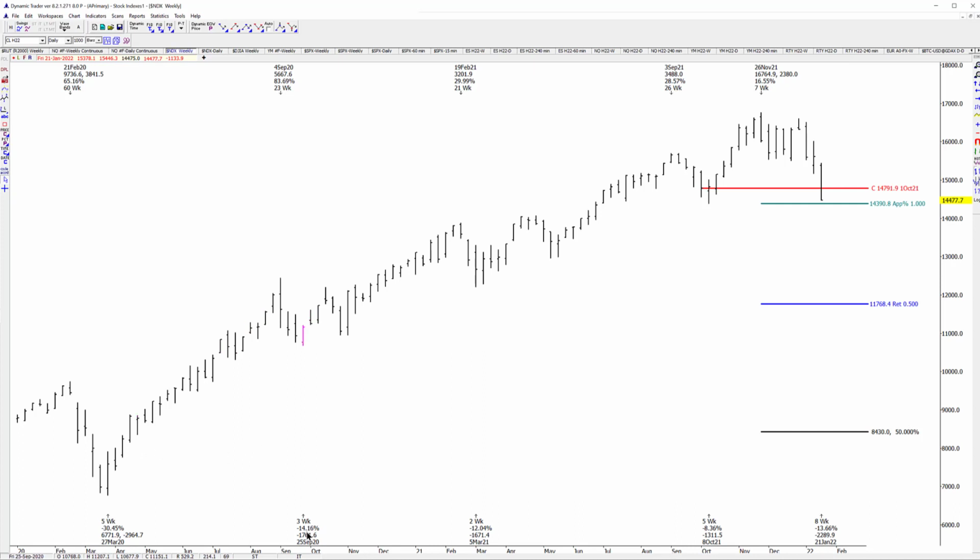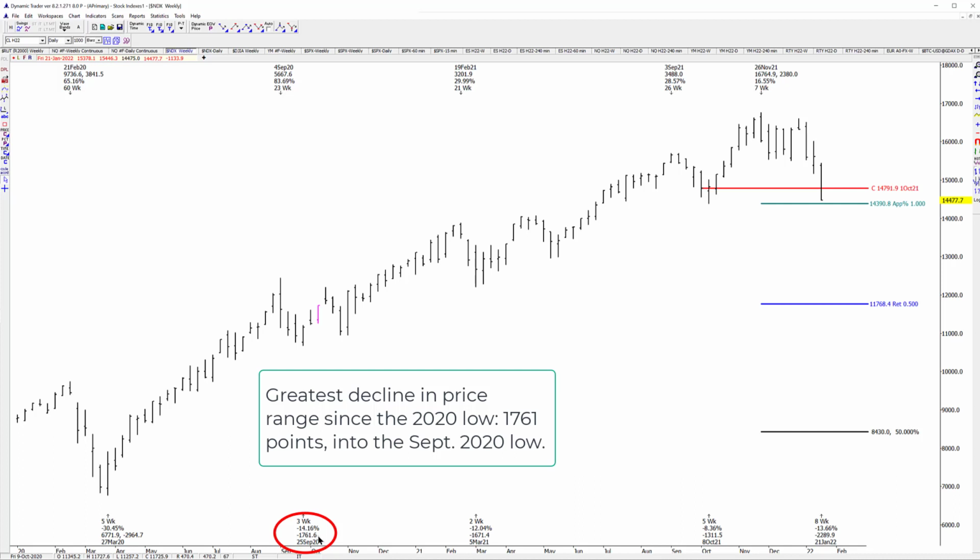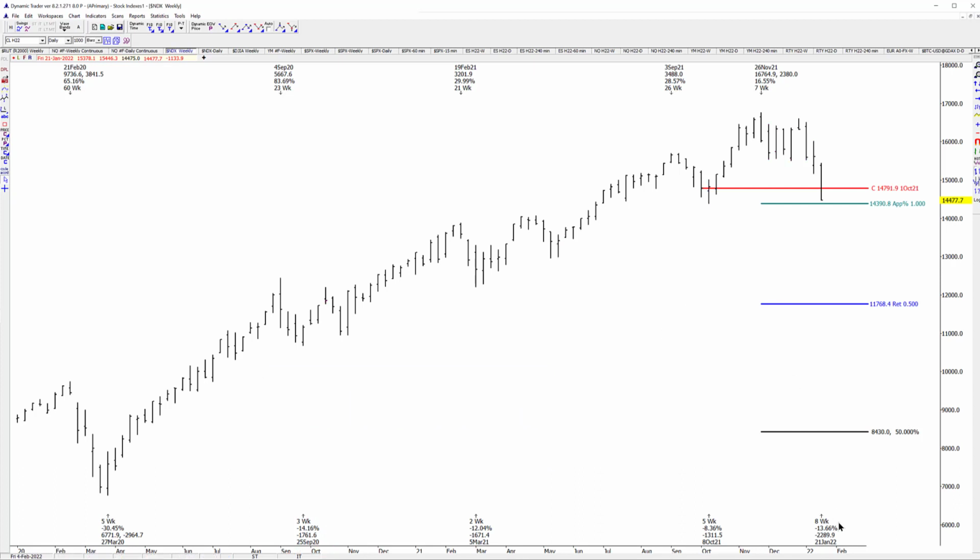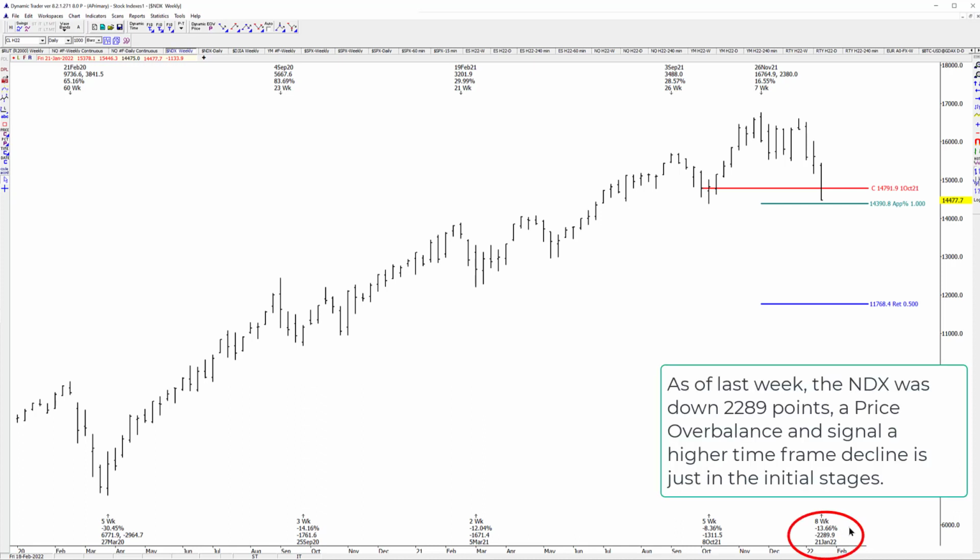I think the largest decline here was 1,761 points. Doesn't look that great here, and that's just because of the incredible bull market that's been going on. But it was down 1,761 points, and that was the largest decline since the March low. And as of just this past week, the decline's been 2289, so significantly more in price range.